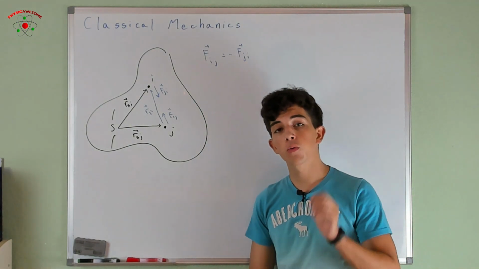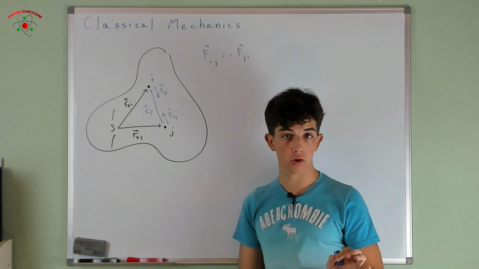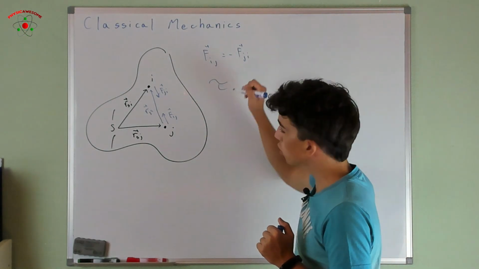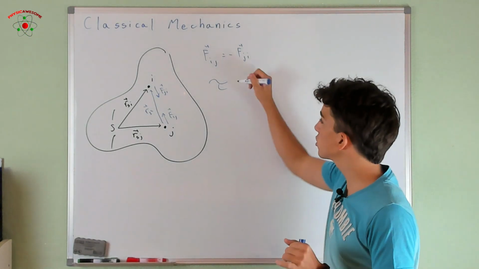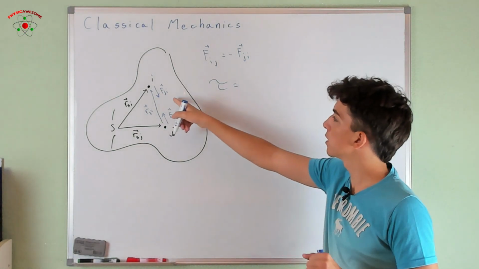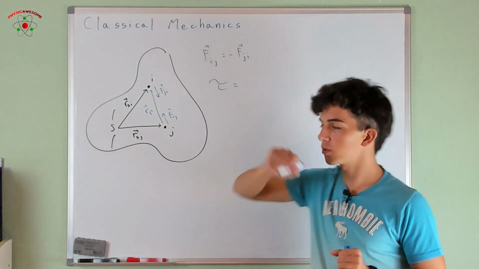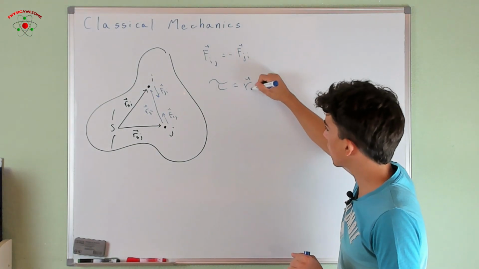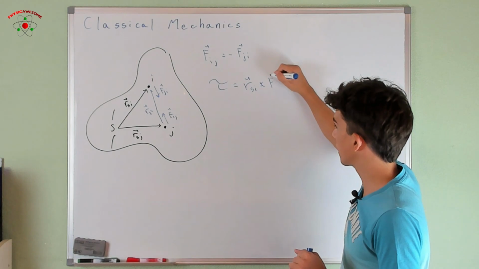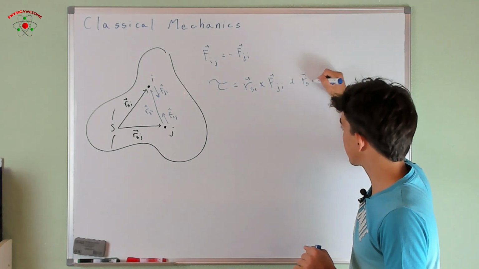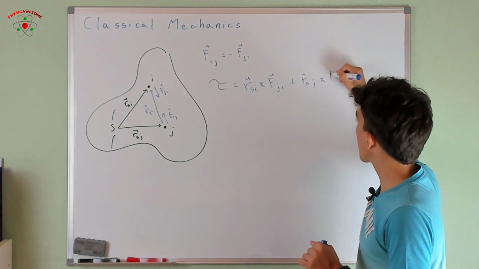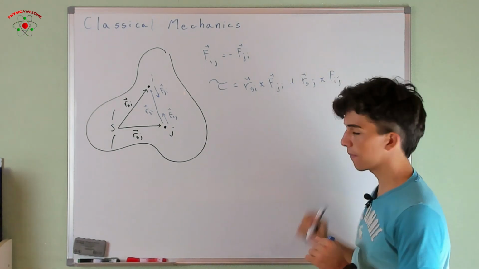Then knowing this, we can find an expression for our torque. The torque due to these two particles attracting each other is going to be equal to first force times the first quantity, so RSI cross Fji plus RSJ cross Fij.